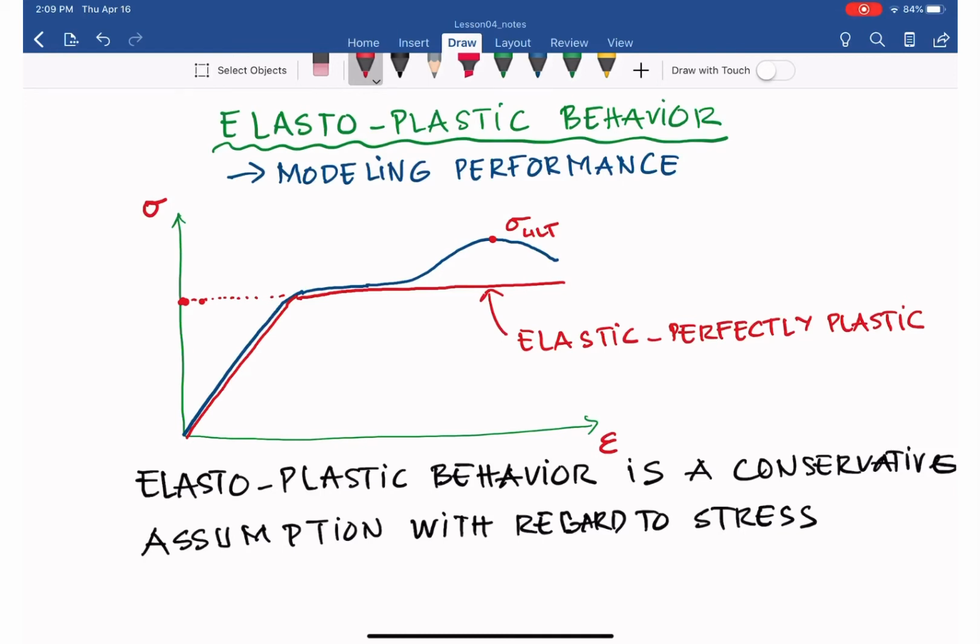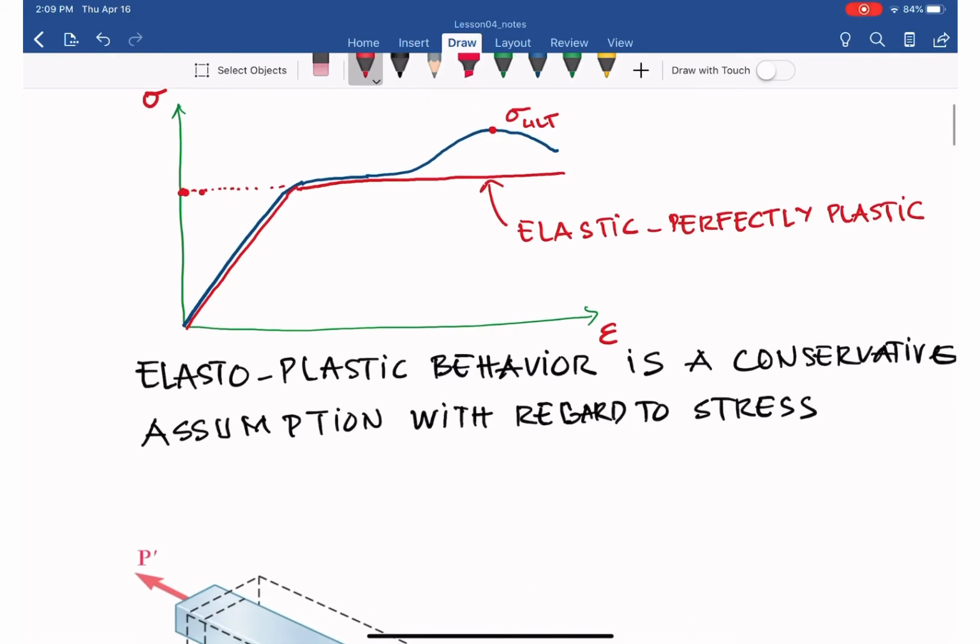From that we can continue with the topic, axial deformation, which is a change in length of the axial member. When we have a deformation, if you recall, that is delta.